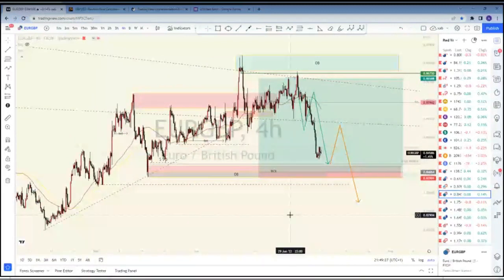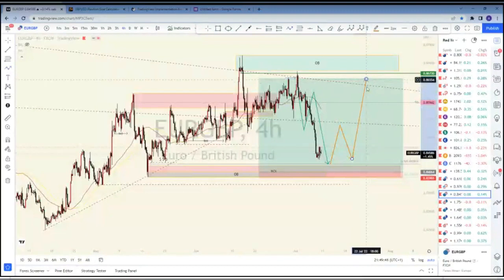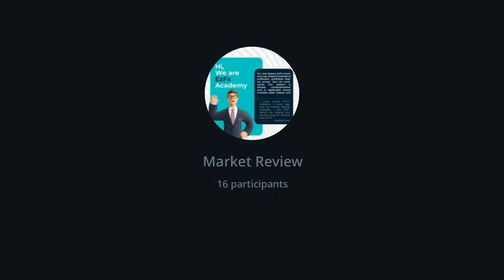But I think Euro GBP should be bullish, because we're looking at Euro getting weaker over the course of the week.